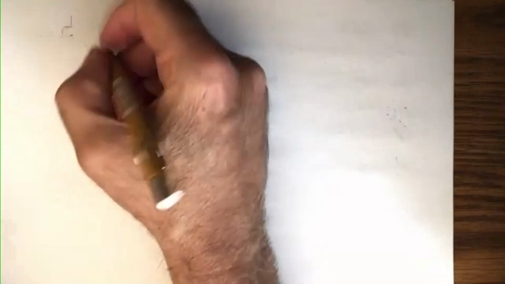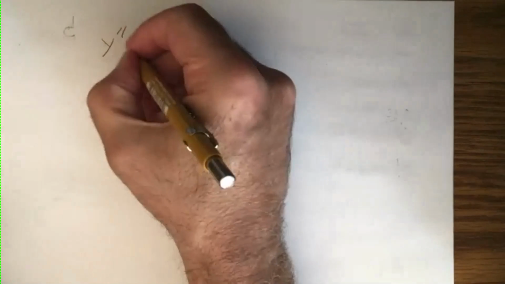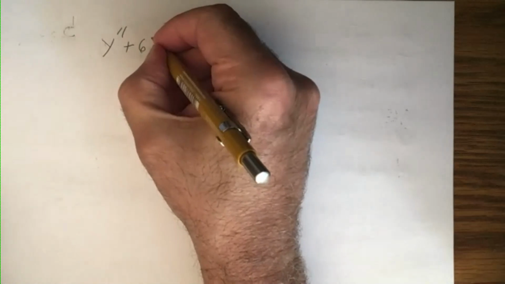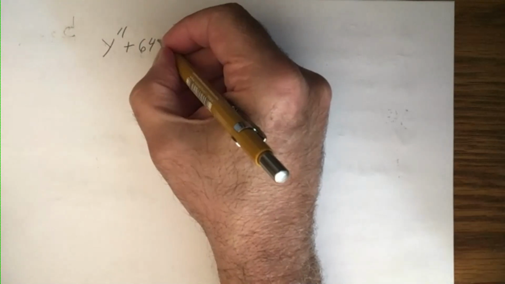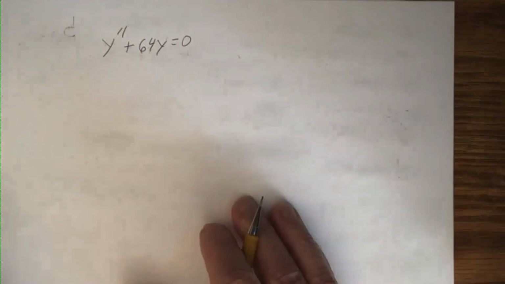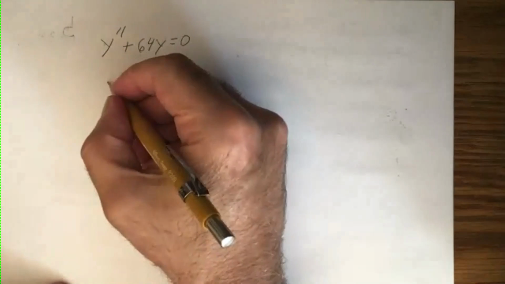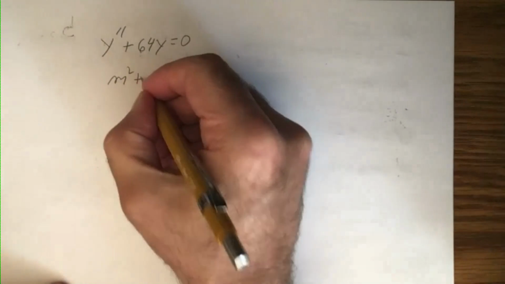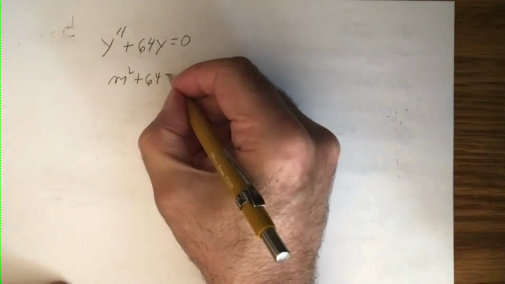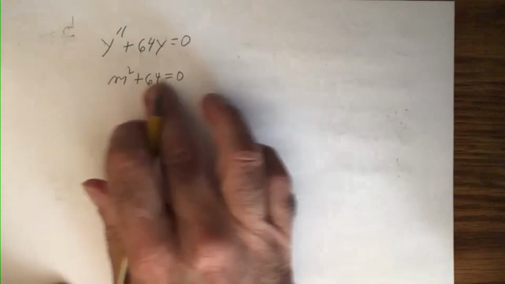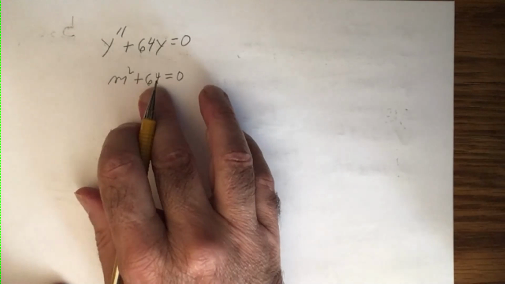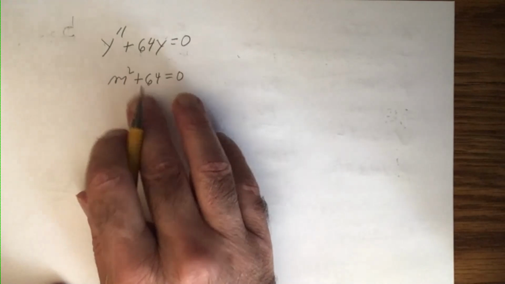So now I've got y double prime plus 64y equal to 0. Let me make it 64. Well, what is the solution to this differential equation? If I write the characteristic equation, this is m squared plus 64 equal to 0.